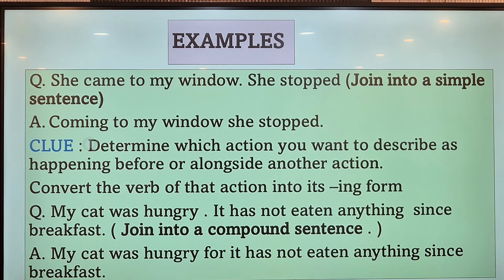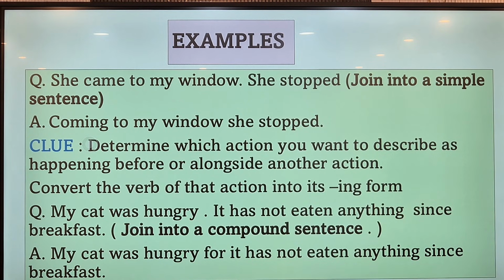And you have chosen she came to my window. So when you think that action is of importance, stress should be put on it. So she came to my window. Choose the word came, that is the action verb, and change it to its ing form. Hence, coming to my window, she stopped is the answer.